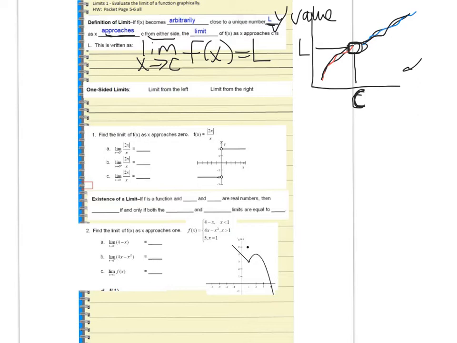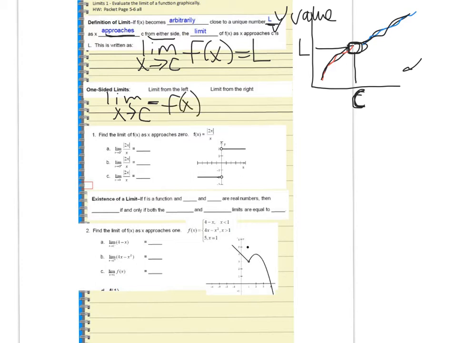From the left, we have the limit as x approaches c from the left. Notice that the minus sign is after the value. And then we say of our function.